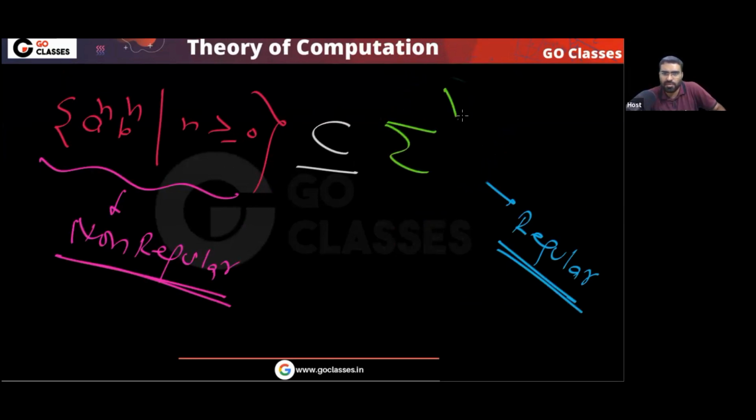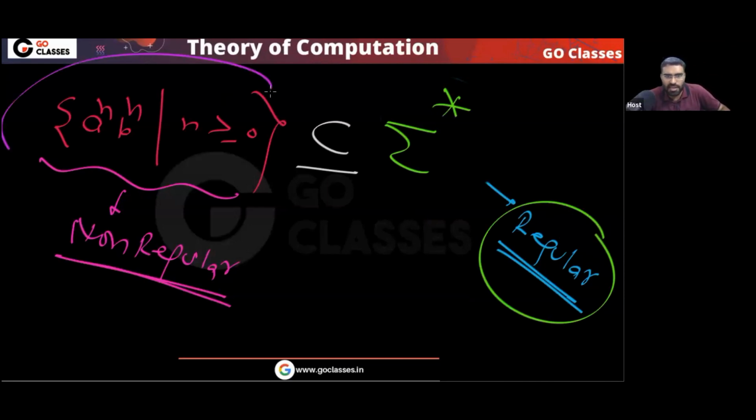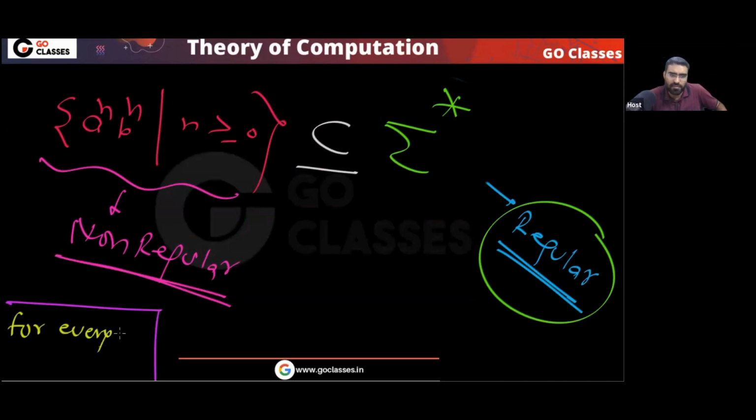Sigma star is regular, and every language is a subset of sigma star. This you already know, that for every language L, L is a subset of sigma star.